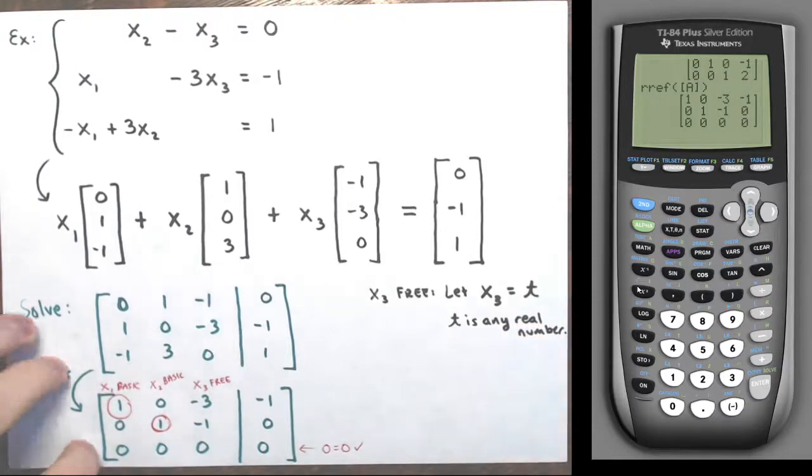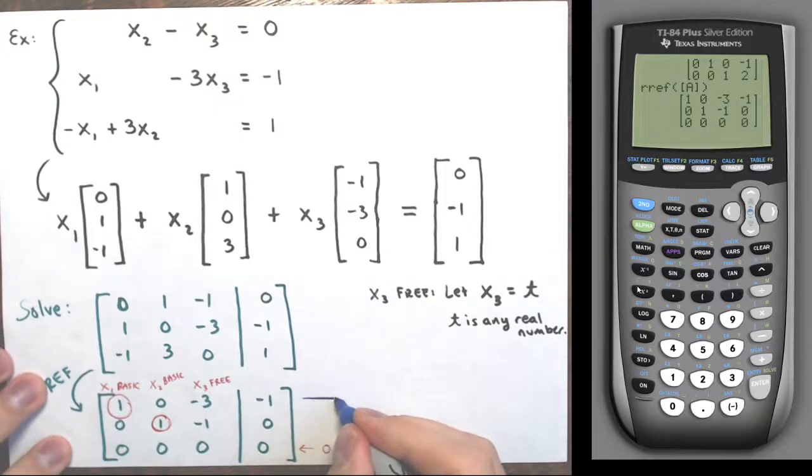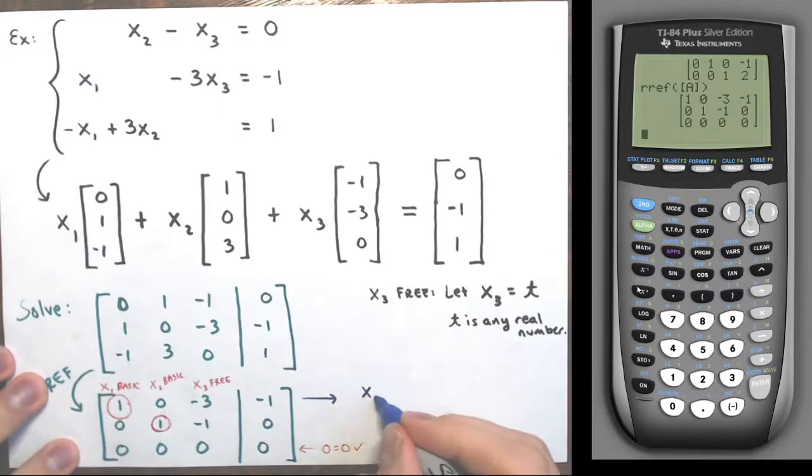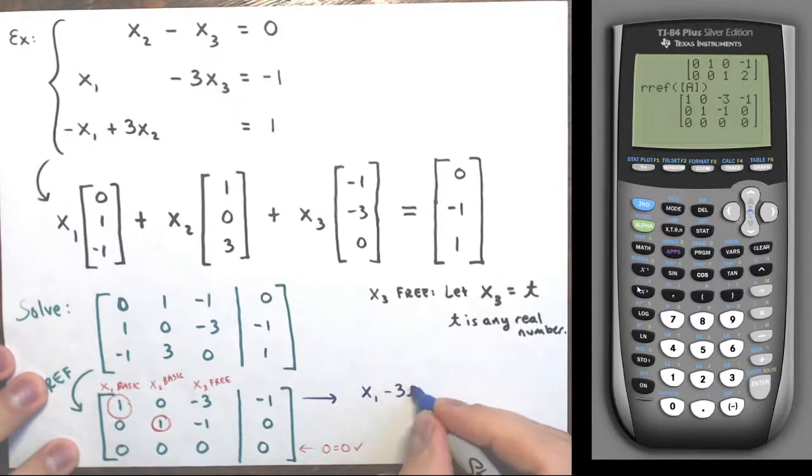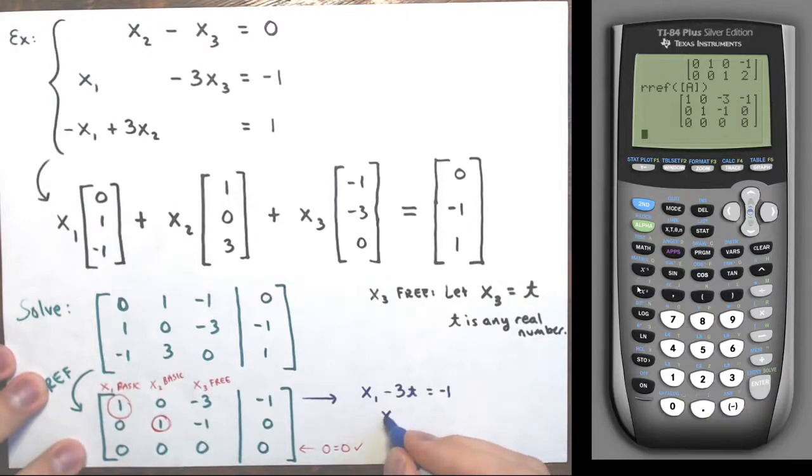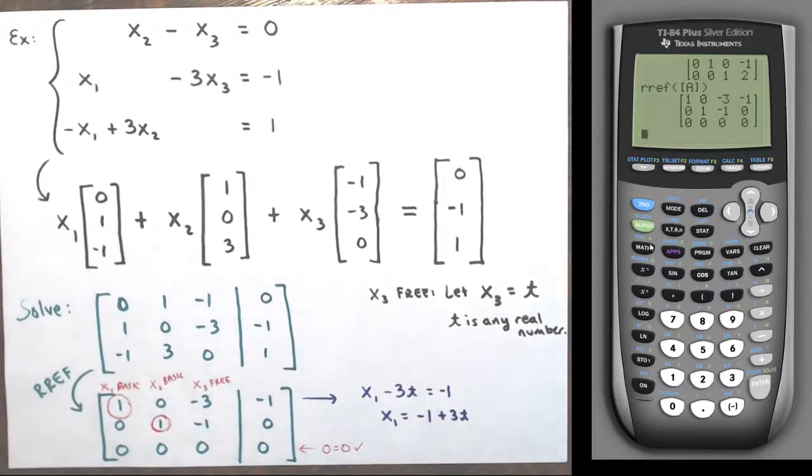All right, so hopefully you can see that from this first equation, you have x1 minus 3x3. But remember, I'm calling x3 t. So x1 minus 3t equals negative 1. So we're getting that the value of x1 is negative 1 plus 3t, or 3t minus 1, same thing.